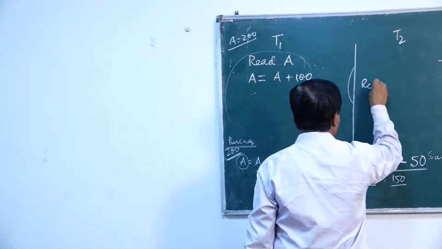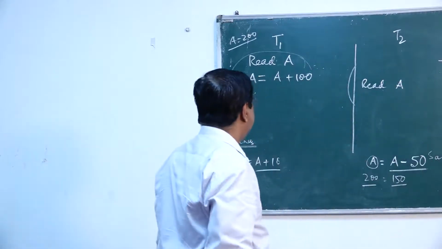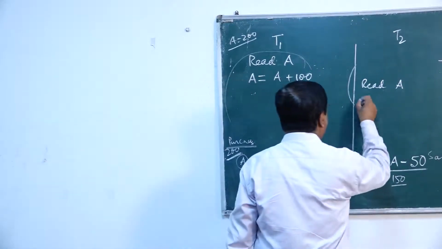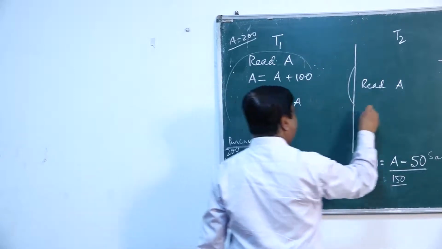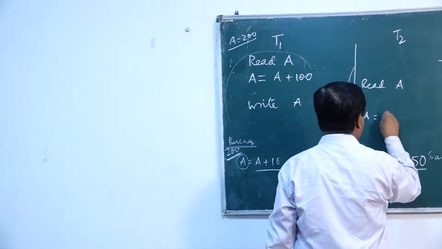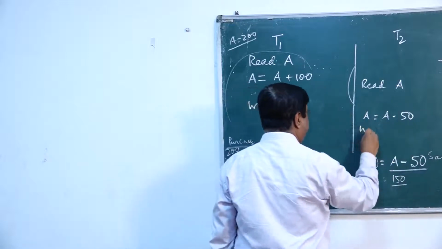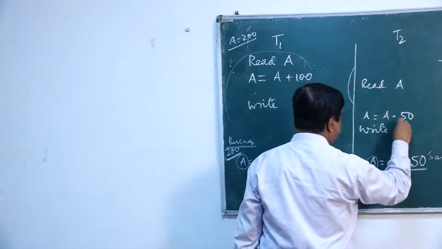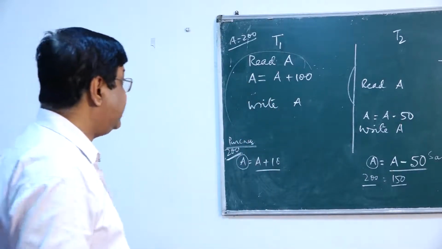Now for T2, read A, then A is equal to A minus 50, and then write A. Now, what would be the final value in this case?